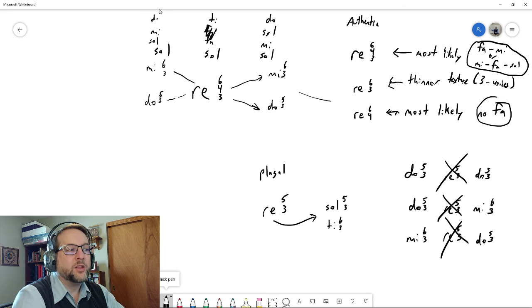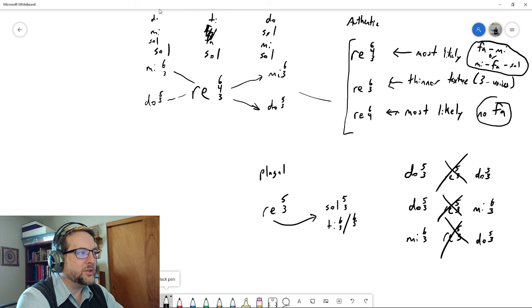Absolutely not. The re 5/3 chord, that plagal chord, does not behave in that fashion. It wants to go to the 5. It wants to go to the sol 5/3, maybe to the T6/3 or T6/5. Doesn't want to go in between the do and the mi. That's what our passing re chords here are. Linear passing chords.